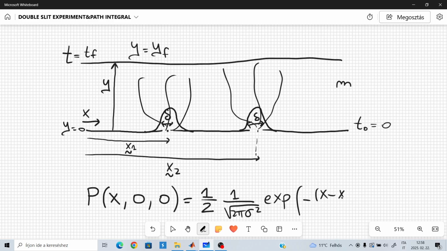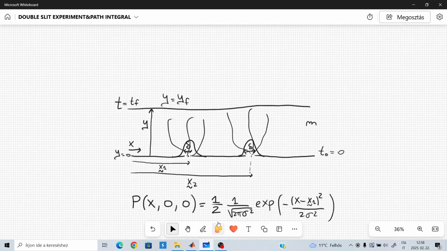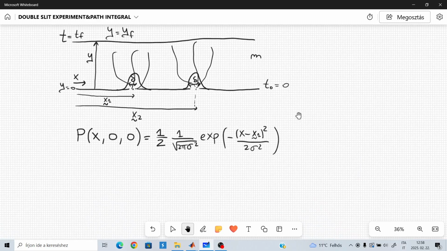So we have x minus x1 tilde squared over 2 sigma squared, and then plus 1/2 times 1 over the square root of 2 pi sigma squared.